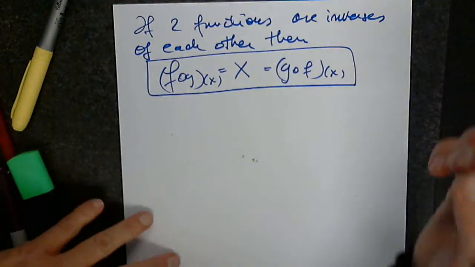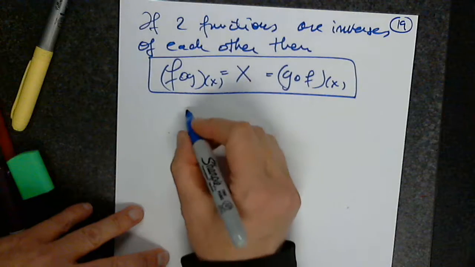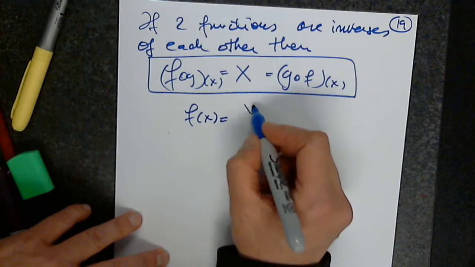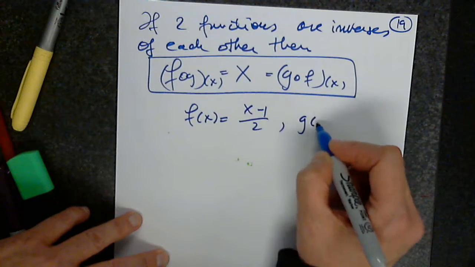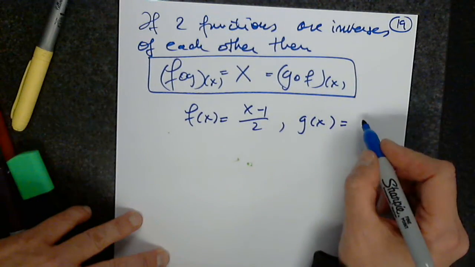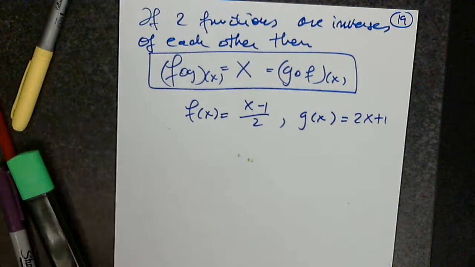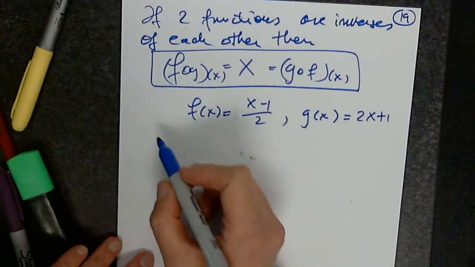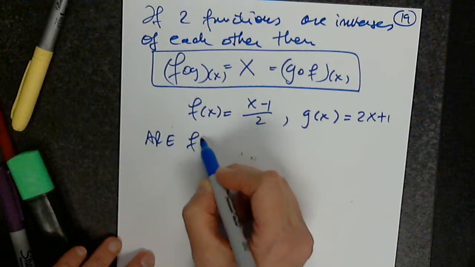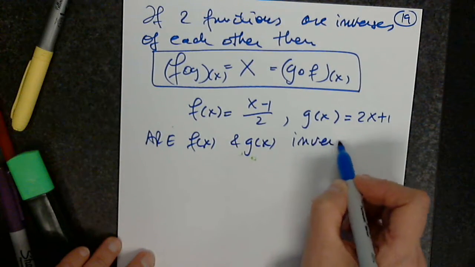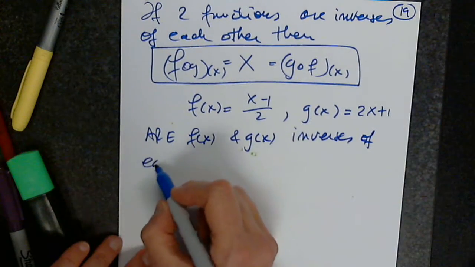This is a very important property. So I'm going to say f of x equals (x minus 1) over 2, and g of x equals 2x plus 1. The question here is, are f of x and g of x inverses of each other?